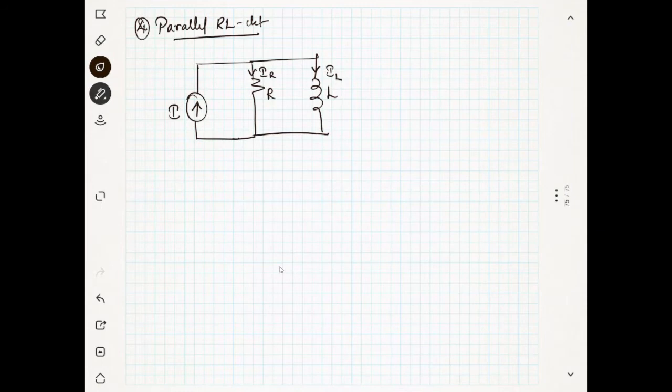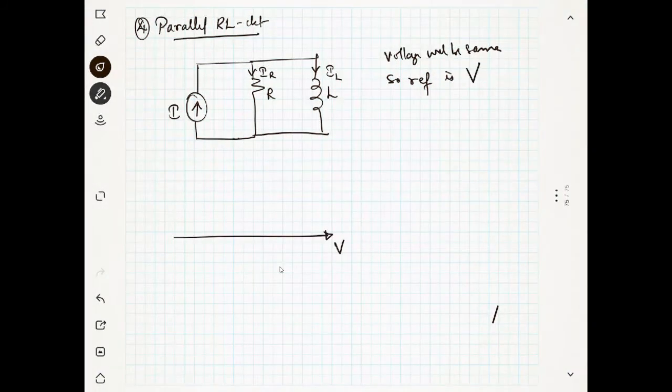So what will be the reference? The voltage is the main thing. So voltage will be my reference here. Now I will talk about the current. What will be the current IR? IR is equal to V by R.